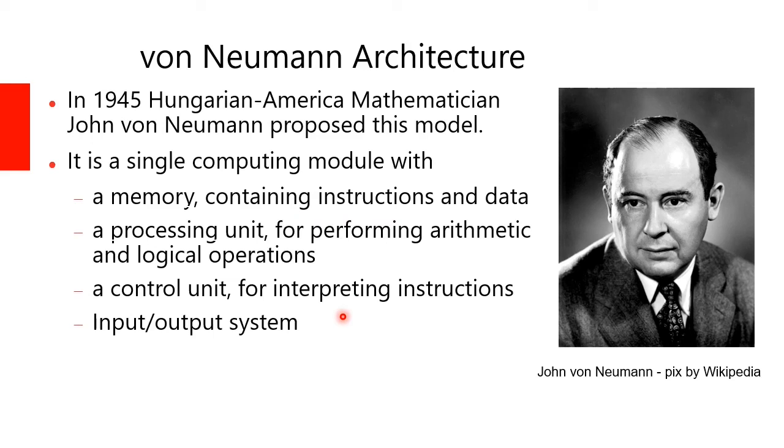And then you have an input and output system. Those are the main components proposed by John von Neumann in 1945. This is a really interesting concept, and later it led to the development of modern computers.